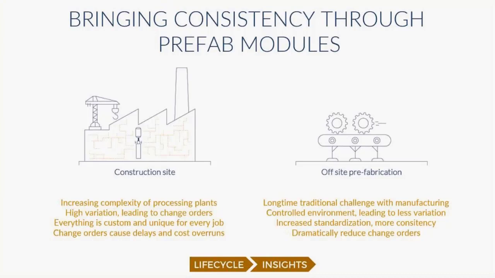And that has kind of been seen as a type of solution to this construction problem for processing plants. So the idea here is that you almost have something akin to a plant or a manufacturing facility where you have prefabricated components that you then ship off to the construction site.